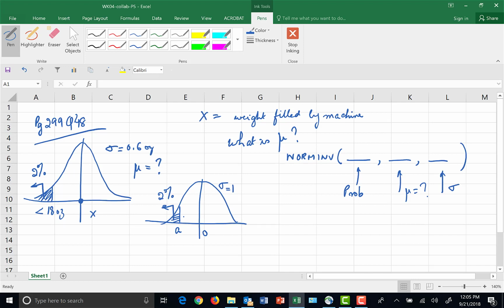Okay, so in order to find A, I will still use inverse, but I will use norm S inverse. So this is equal to norm S inverse of 0.02. Okay, so let's see how much that is. We'll do the calculation.